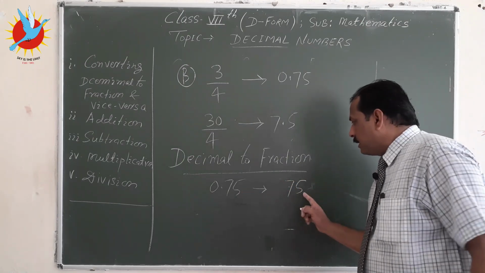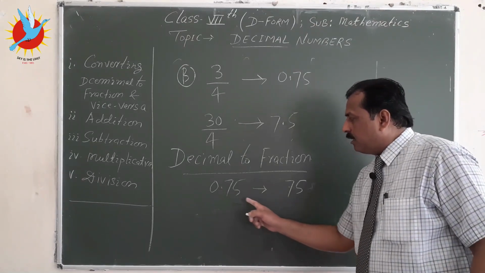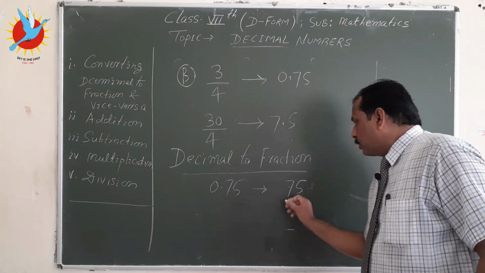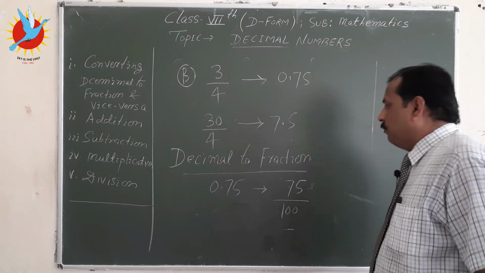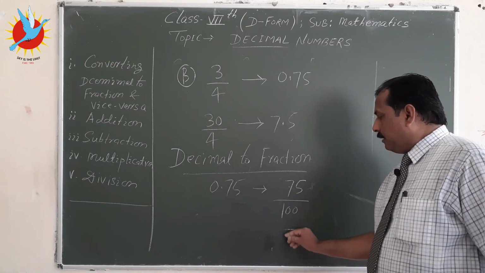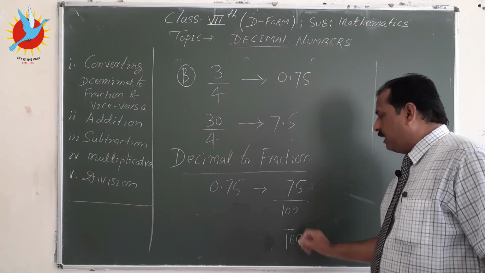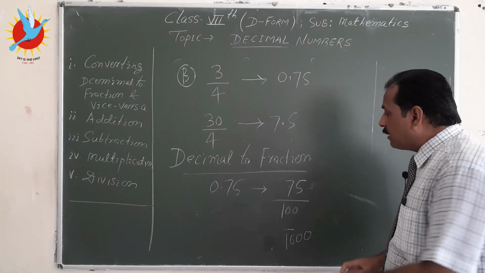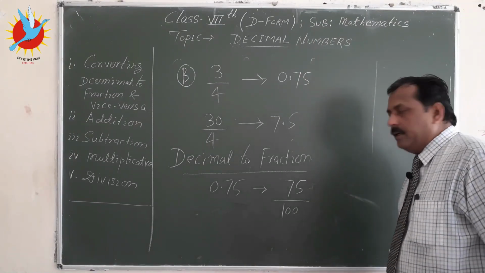So we can cut it and I am deleting it. So write this number and then see the decimal. After the decimal, how many digits are there? 1 and 2. So this will be 100. If one digit is there, the denominator will be 10. If 2 digits are there, the denominator will be 100. If 3 digits are there, the denominator will be 1000, like this. So this is 75 by 100.